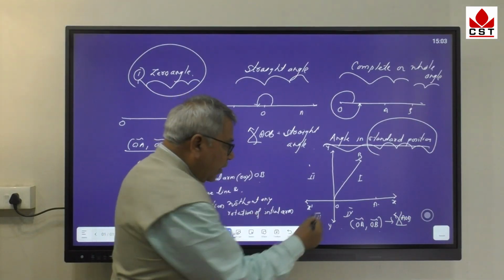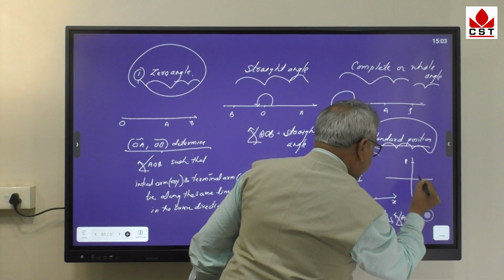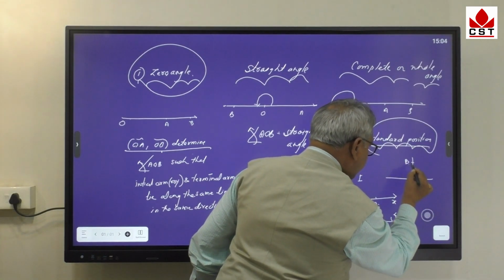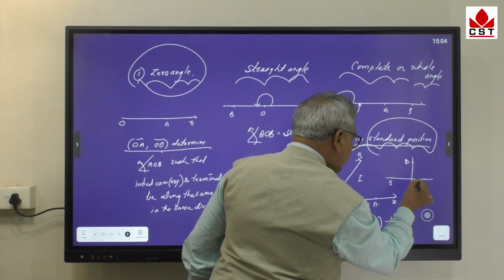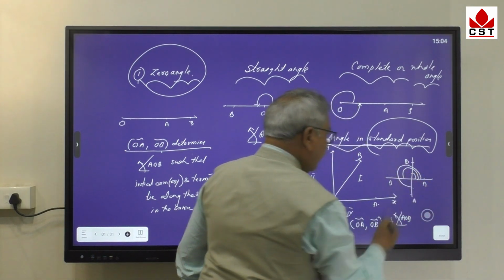But if OB lies along any axis, say here OB, or here maybe OB, so this is an angle, or this is an angle, like this.